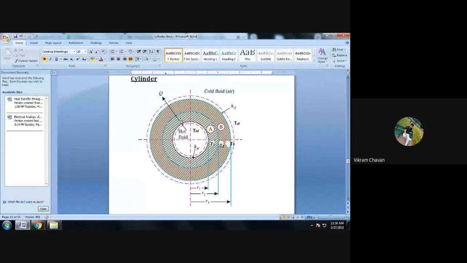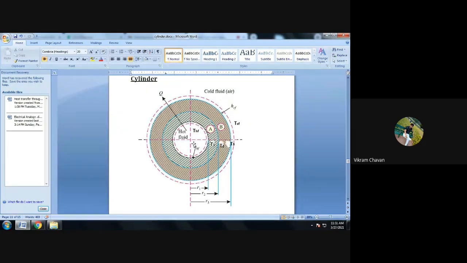Getting everyone? Now further we have to analyze the heat transfer modes. Hot fluid is flowing, which is having temperature T suffix HF, greater than the internal surface temperature of A cylinder. So THF is greater than T1, so we can say that hot fluid will transfer the heat to the internal surface of A cylinder.